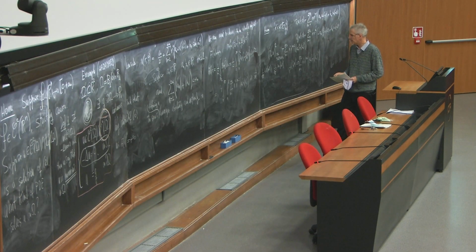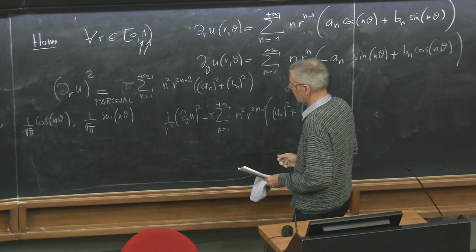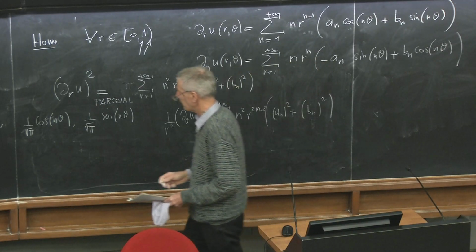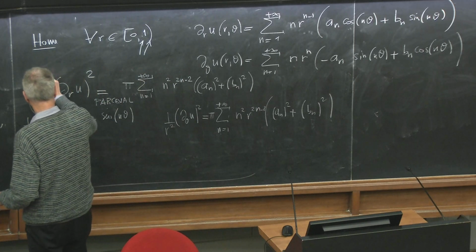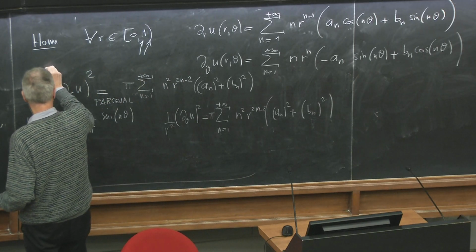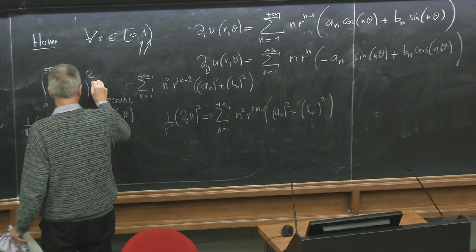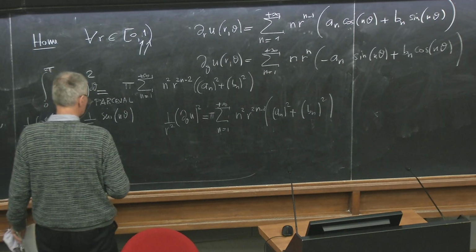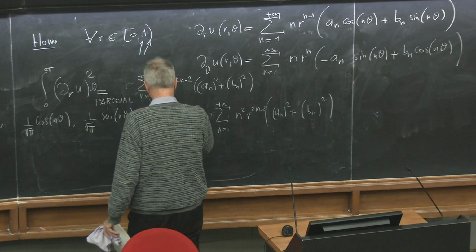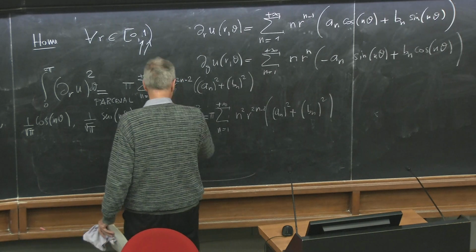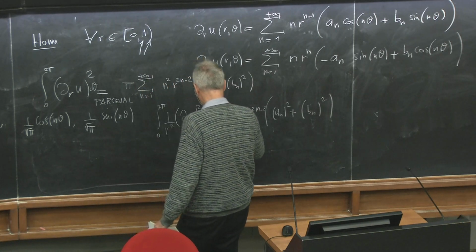We have to put an integral in front of that square, in the left-hand side, because of the integral from 0 to 2 pi. You're right, there is a missing integral here, and there is a second one also. Yes, of course, Parseval.